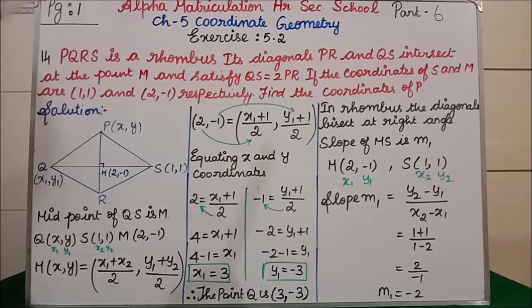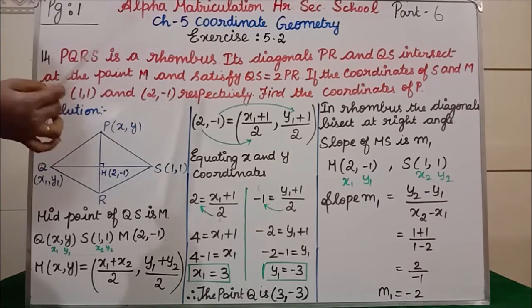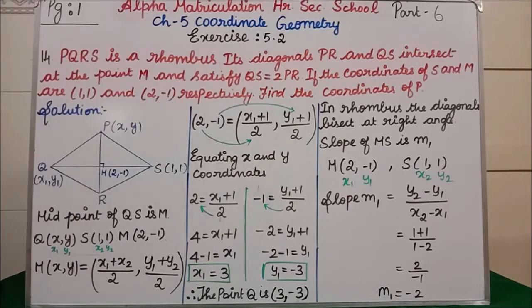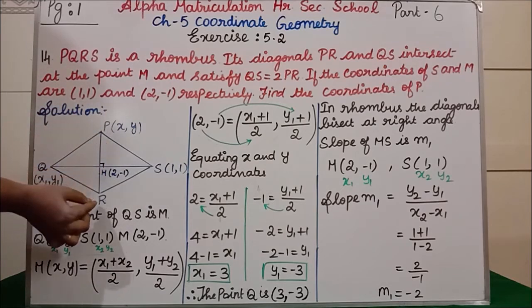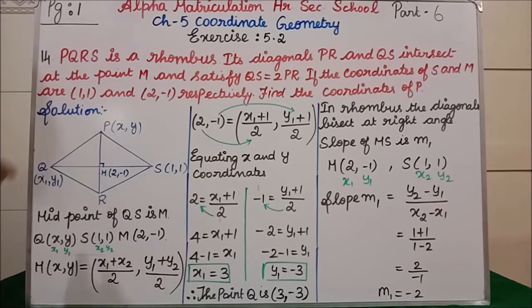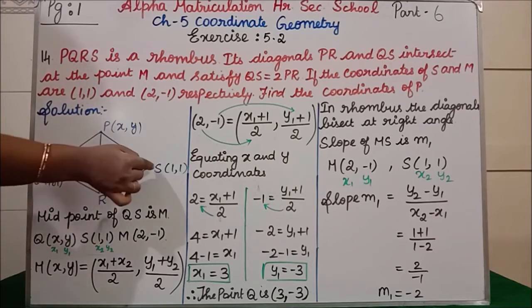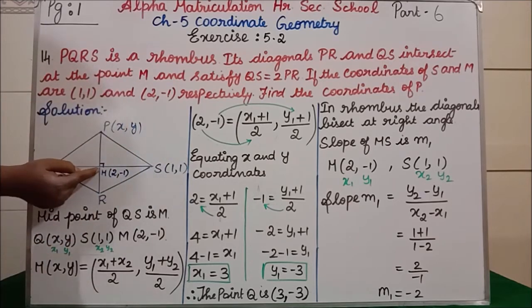PQRS is a rhombus. Its diagonals PR and QS intersect at the point M and satisfy QS equal to 2PR. First, what are they saying? PQRS is a rhombus. Its diagonal means what? This line is the diagonal. PR and QS intersect at the point M. So both are intersecting at the point M and satisfy QS equal to 2PR.